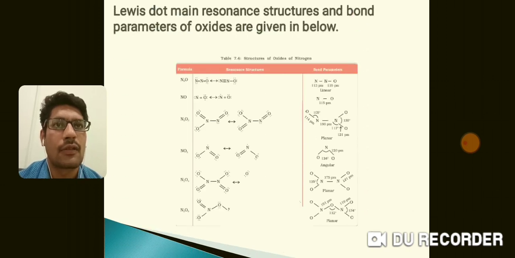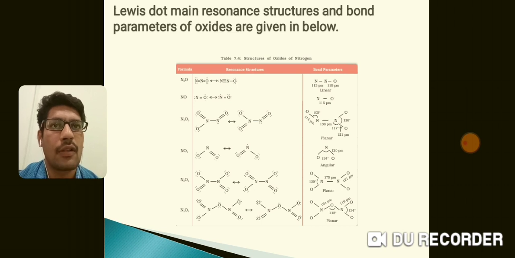Lewis dot and main resonance structures and bond parameters of the oxides are given below. These are the Lewis dot structures of all the oxides of nitrogen, that is N2O, NO, N2O3, NO2, N2O4 and N2O5.